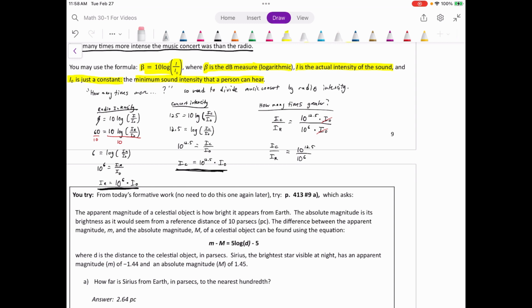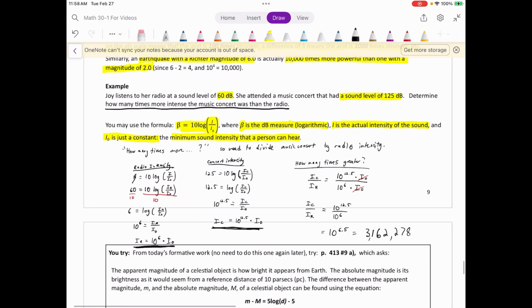We can subtract those exponents, so 12.5 minus 6 is 6.5. 10 to the power of 6.5, now it's calculator time, but that gives us 3,162,278, right? So the concert is actually 3 million times more intense than the radio.